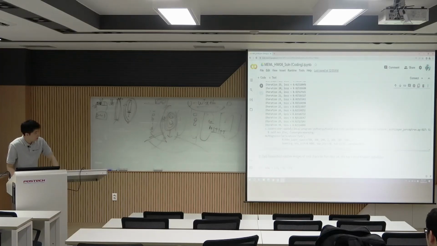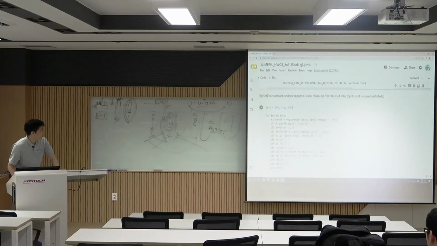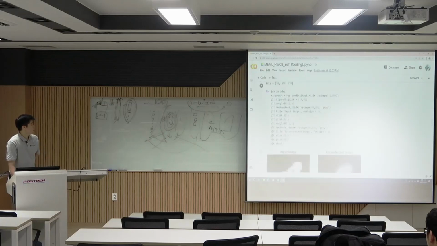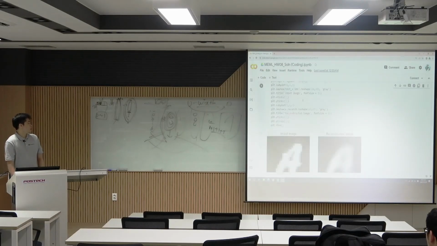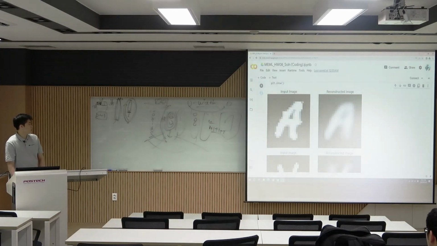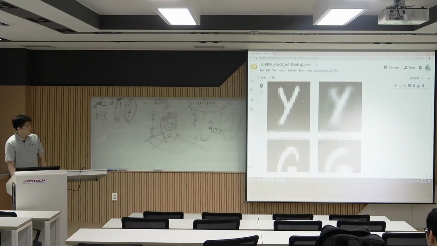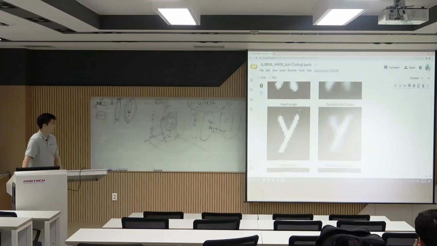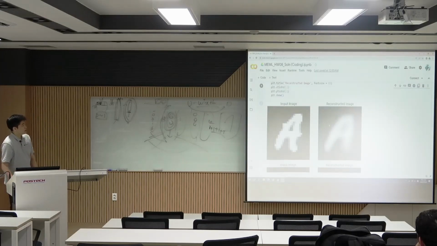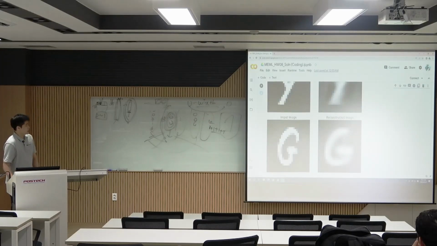Okay, after we train our autoencoder, we're going to reconstruct a random image. So we choose a random image, and let's see how it reconstructs. As you can see, it reconstructs pretty well, and we can easily see that this is A, Y, and G, okay?